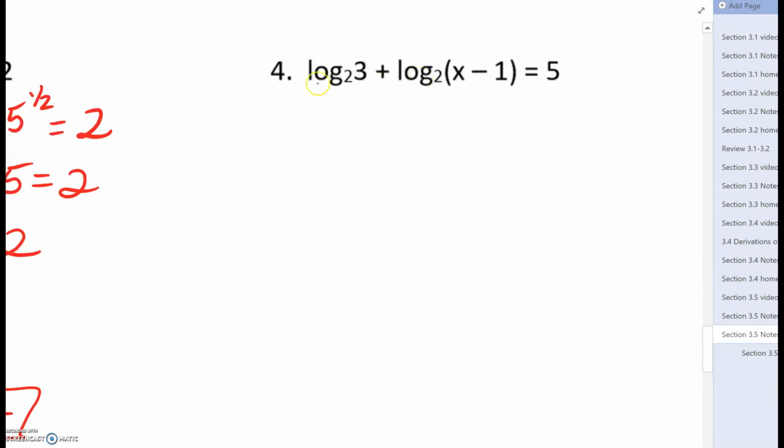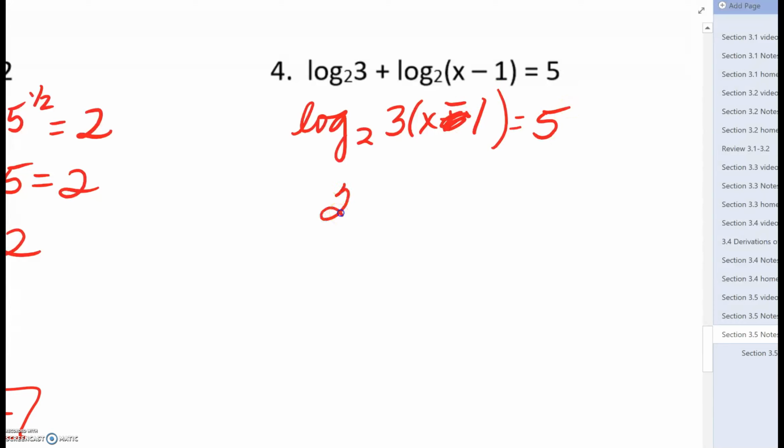Over here on this one, again, we're using the product rule. So we have log base 2 of 3 times the quantity x minus 1 equals 5. So that would become 2 to the 5th power equals 3 times x minus 1. 2 to the 5th is 32.